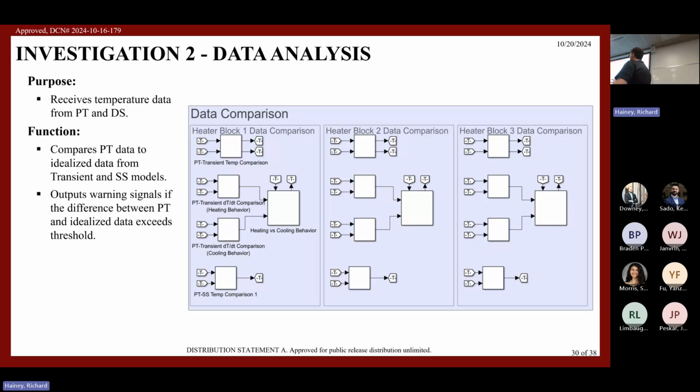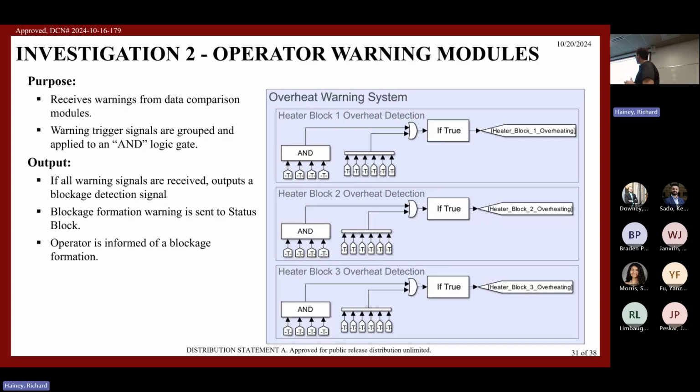If there's a discrepancy between these, and it trips the threshold, it would send a thumbs up signal, essentially, to this system here.